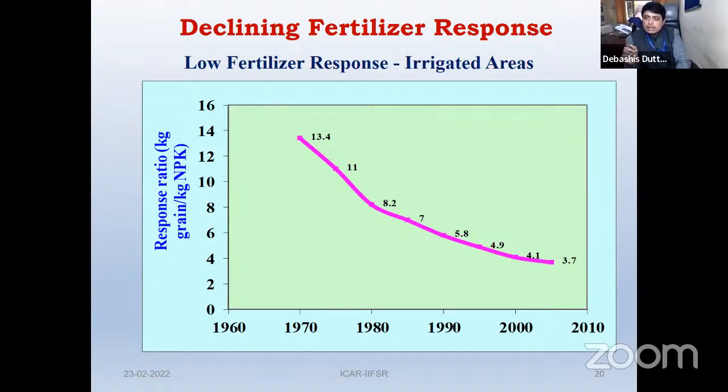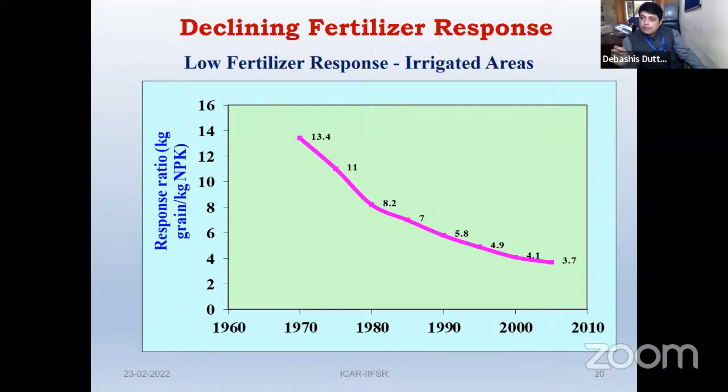And this is actually the scientific background why we recommend FYM, that is FYM 10 tons per hectare plus 80-40-40 NPK. We never recommend that we apply only 80-40-40.